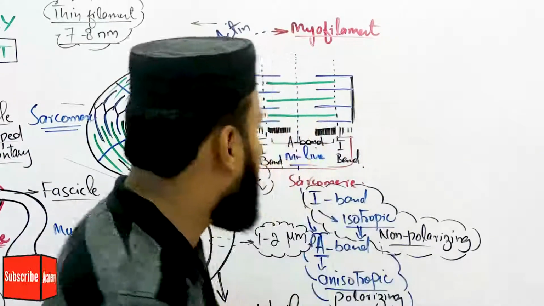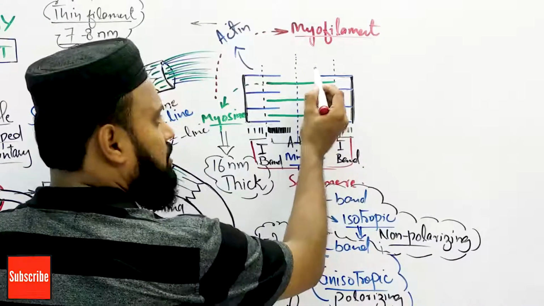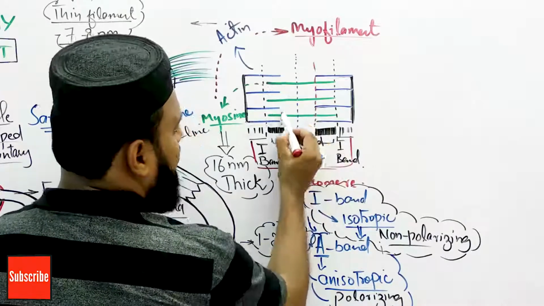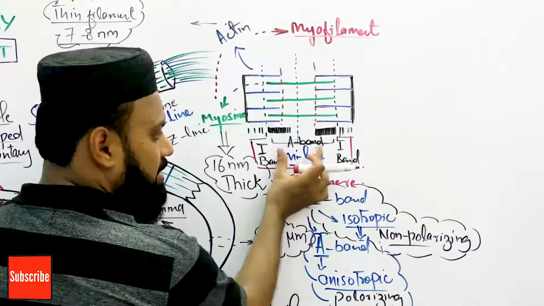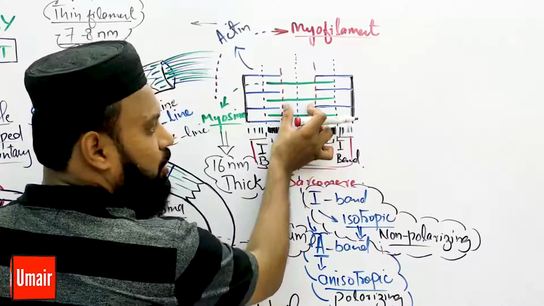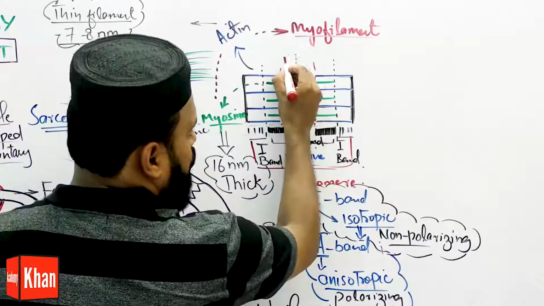Now come again to another band which is called the H band or H zone. Actually here in between these two things, where it is only a part of the A band, but the part where only myofibril are there, they are called the H zone.